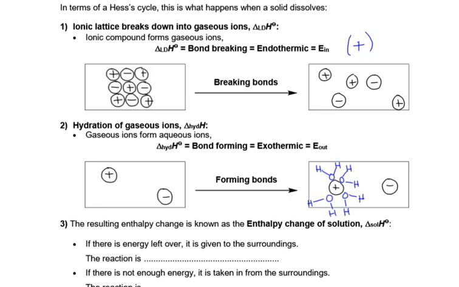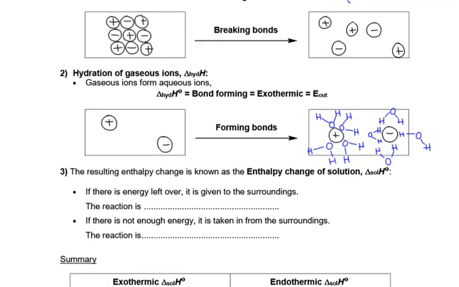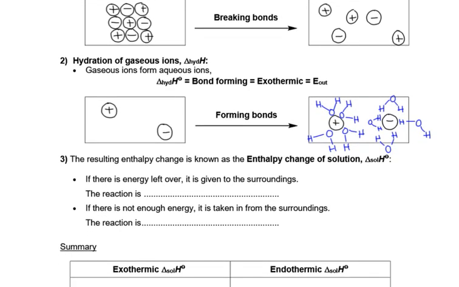If we do the negative ion, we'd need to put our waters the other way around, so the H's might attract. So we've got water attracting via the hydrogens or the oxygens, depending on which ion you're attracting to, and that is going to be a negative release of energy.